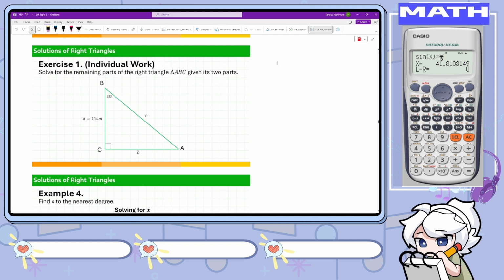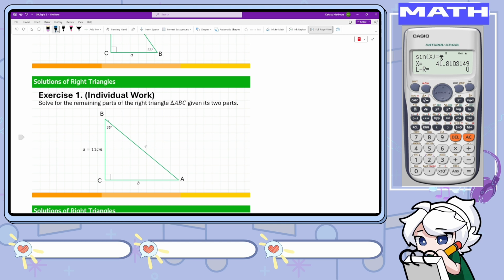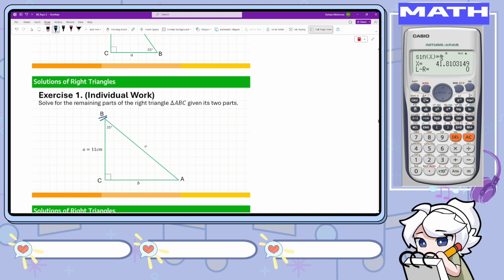So now, without using the other values, once we solve this, let's focus on B as our particular angle. If we have this B, what is this? This is our adjacent. Very good.